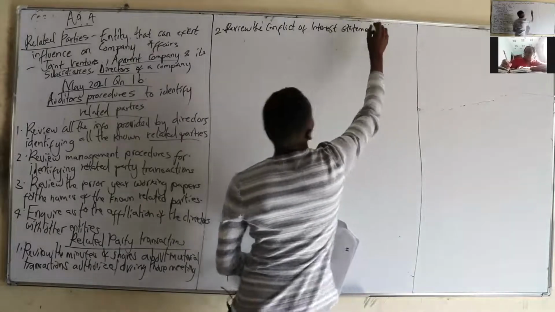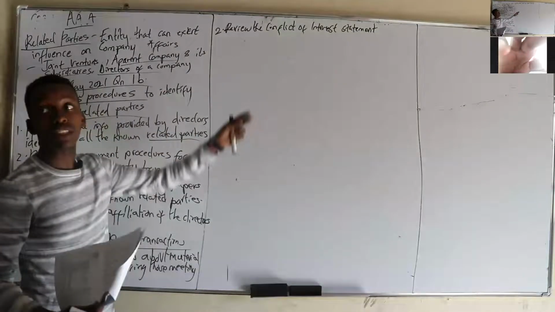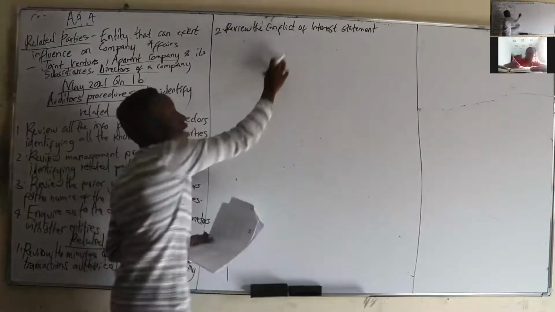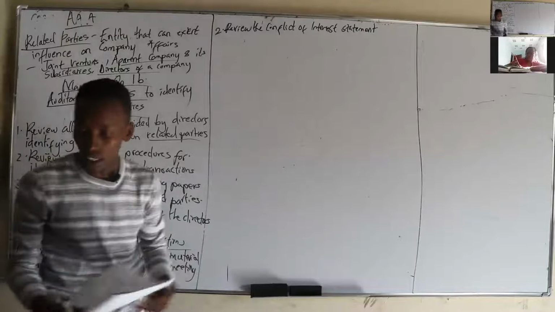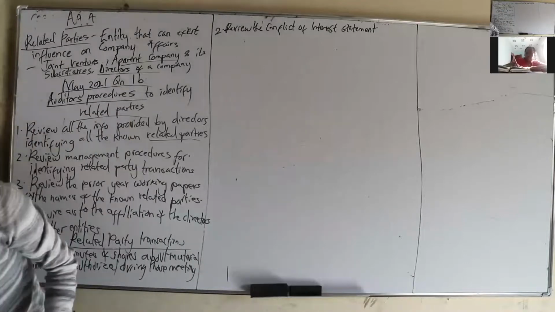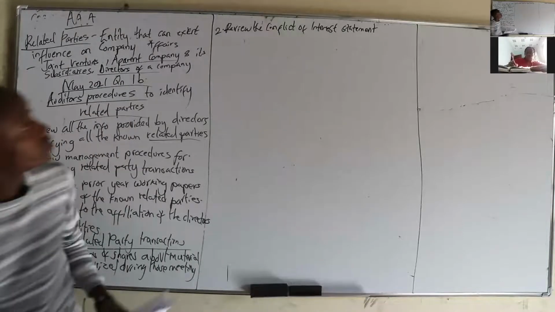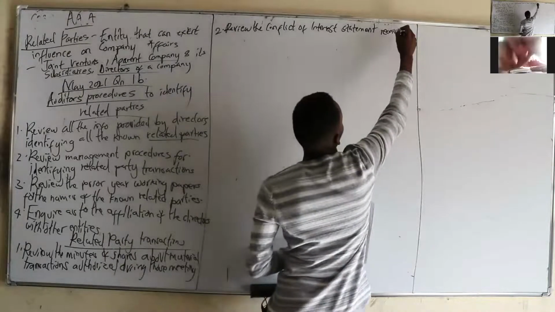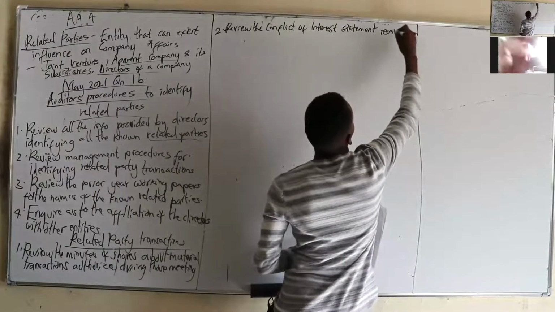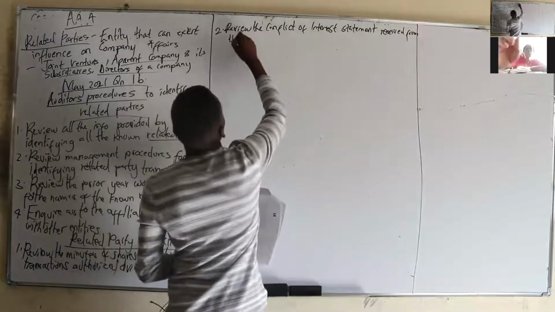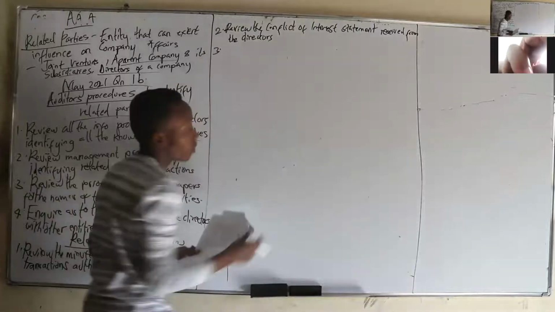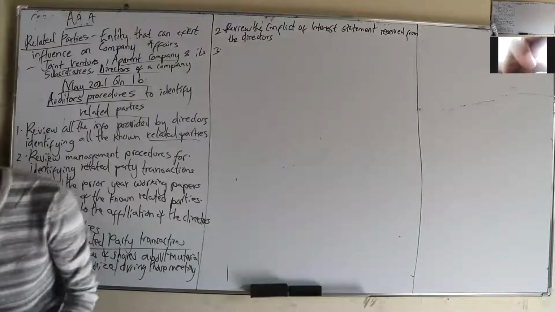So this is where the directors, if they have any interest in the contracts of the company, have to disclose that interest, and it is highlighted in the conflict of interest statements received from the directors. So this is a very crucial item for the auditor to carry out an evaluation of.